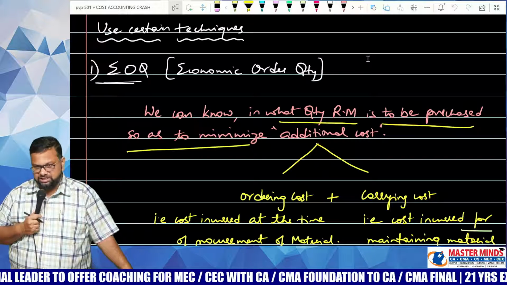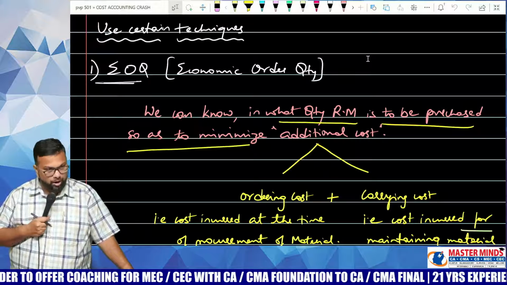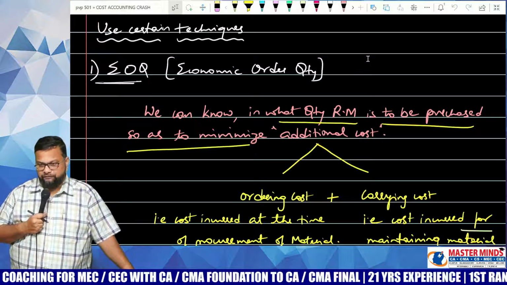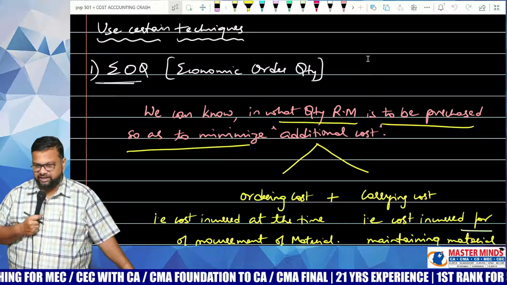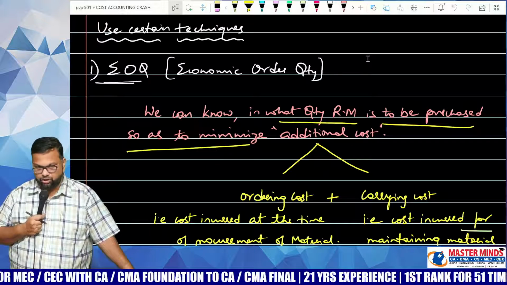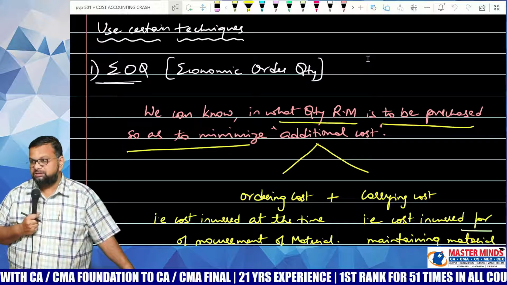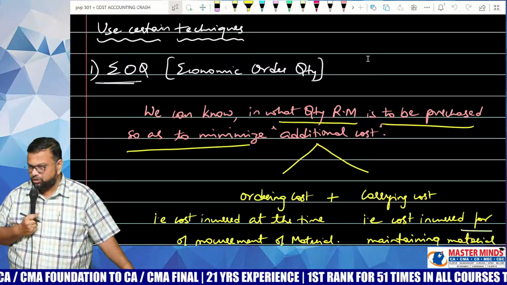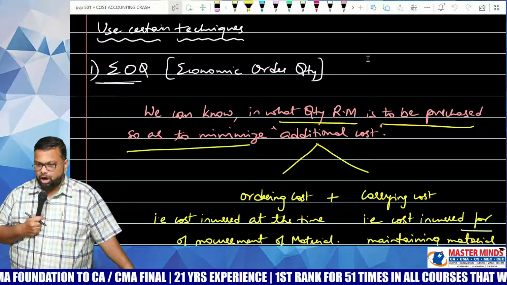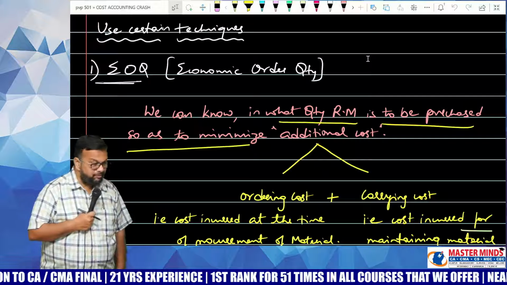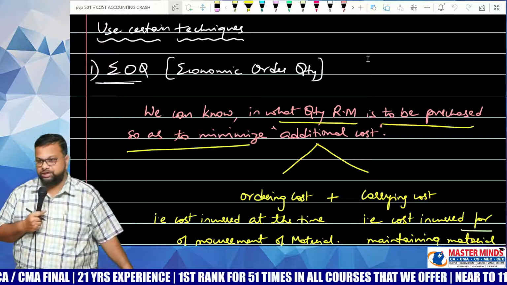Now the question is, in what quantity is the material to be ordered? If you order the entire requirement for the year at a time, then also you will incur some extra cost. If you order each week, then also you will incur extra cost. So the objective is to make sure that the additional cost that we incur while purchasing raw material is minimized.